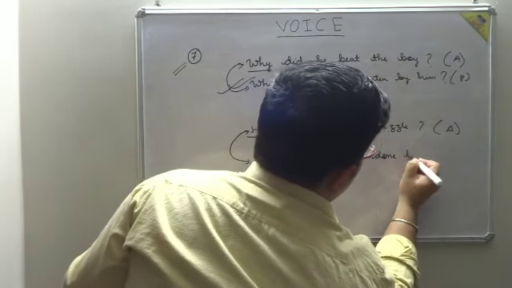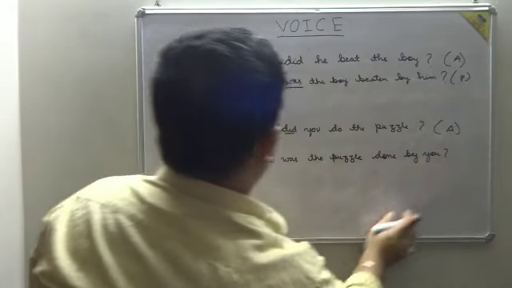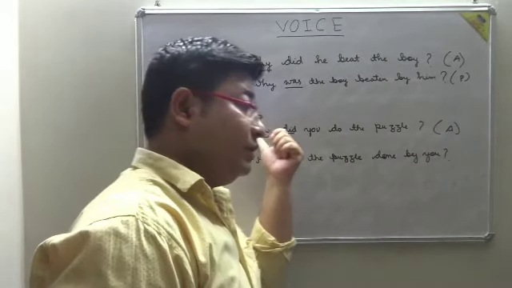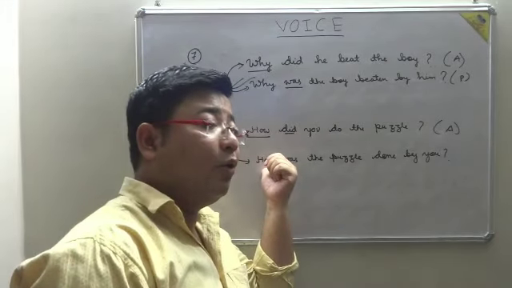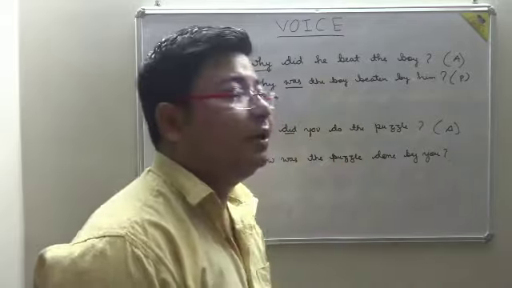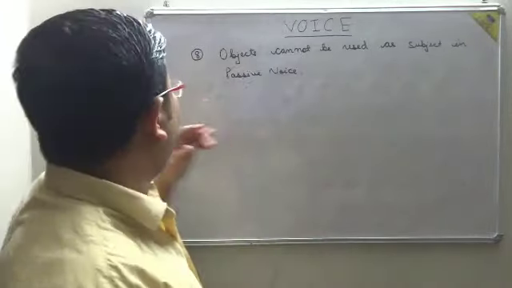See, how did you do the puzzle? How is there in active voice, so I will write how in passive voice also. How was the puzzle done by you? Is it clear?